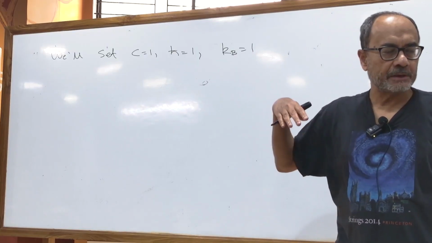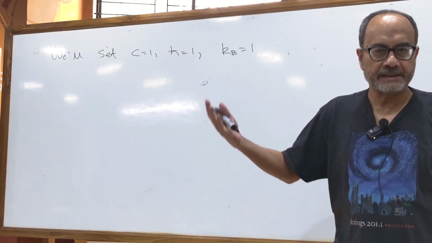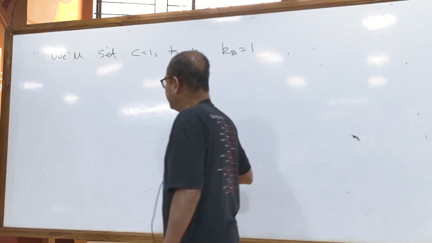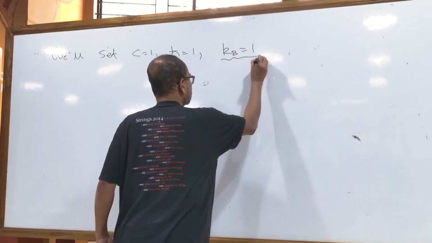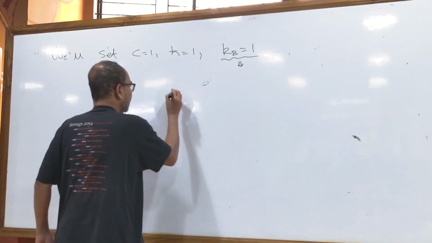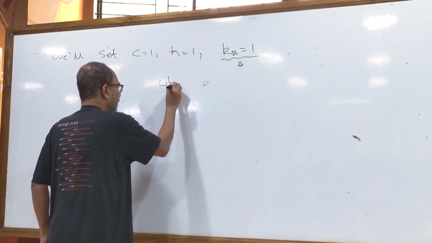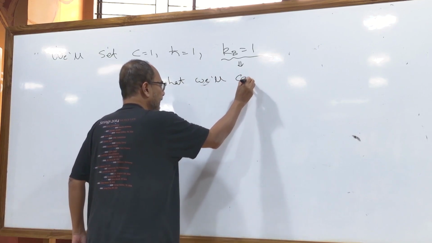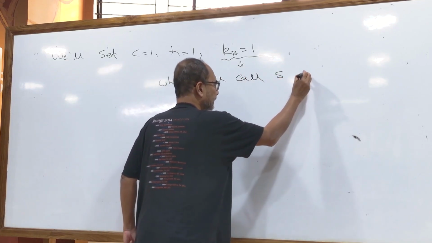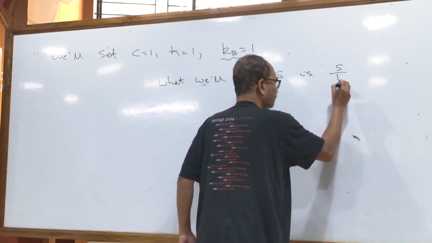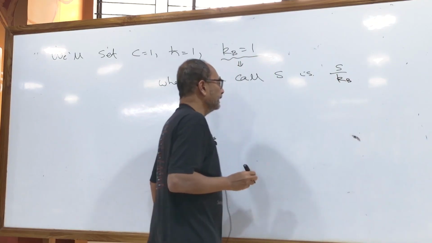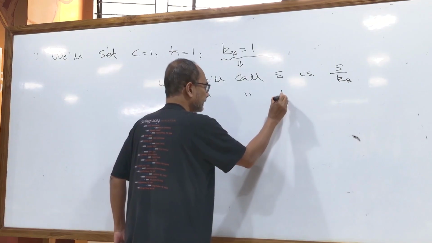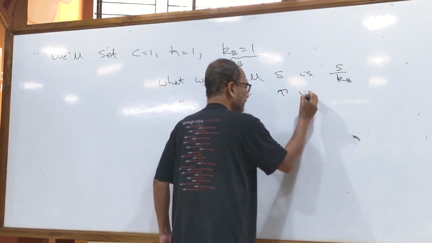In temperature, it comes as 1 over k_B, in the entropy expression, it comes as k_B. So when I set k_B equal to 1, this basically means that what we will call S is S over k_B. And what we call T, temperature, is k_B T.